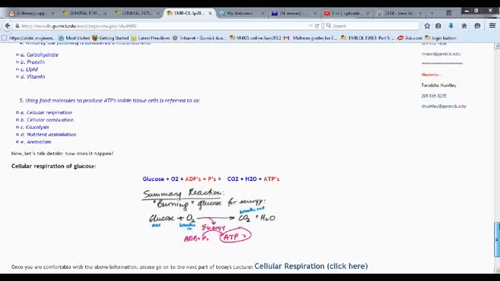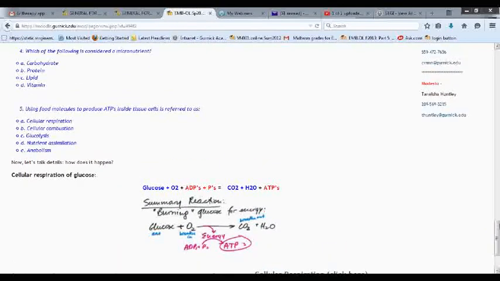Okay, so if we were to summarize what we're going to be talking about today, we're going to talk mostly about burning glucose for energy. So when you burn glucose, you basically take the glucose and make it react with oxygen. And when you burn something completely, you see CO2 gas and water getting produced.